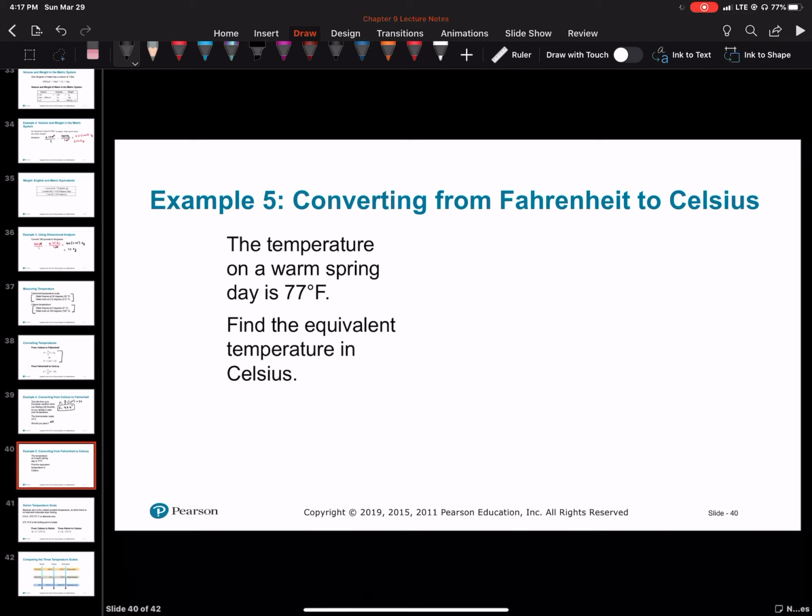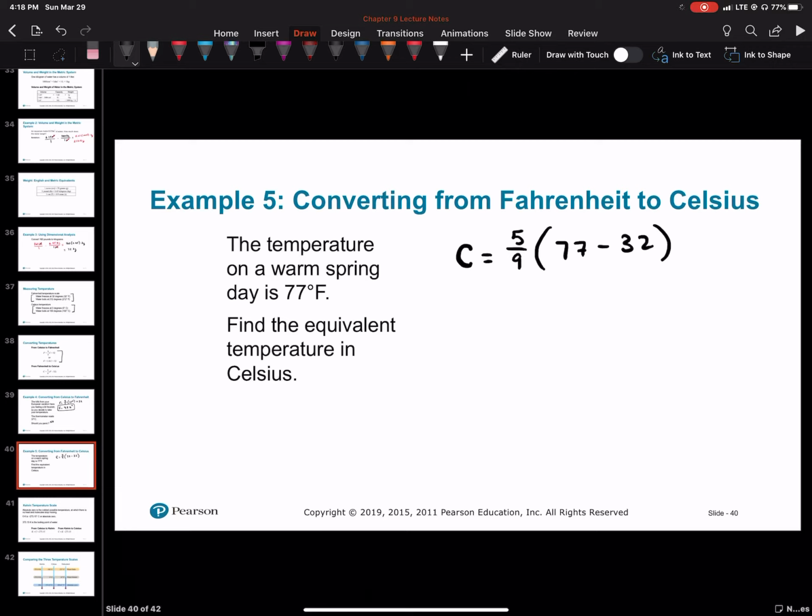Now let's look at this one. It says the temperature on a warm spring day is 77 degrees Fahrenheit. Find the equivalent temperature in Celsius. So when we do this, we have C is equal to 5/9 times your 77 minus your 32. Therefore, we want to put this in the calculator.